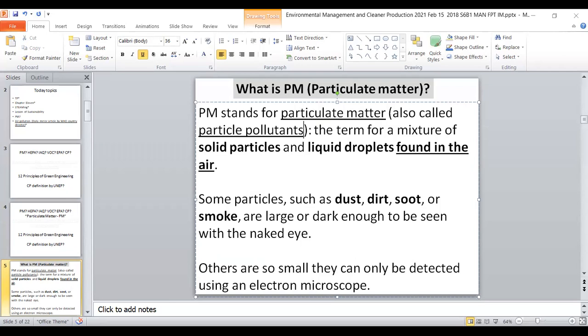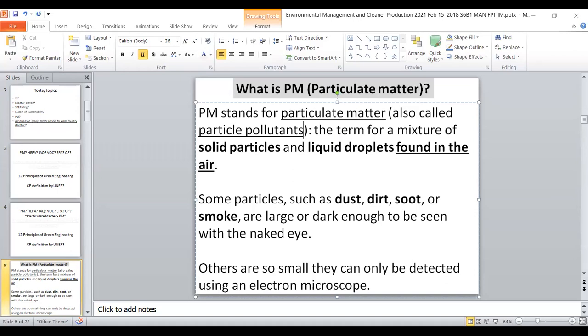So this is related to air pollution. These particles can be even solid particles and liquid droplets found in the air.